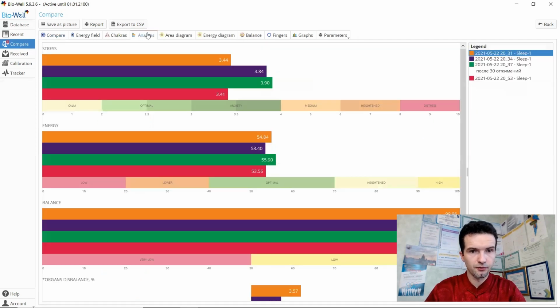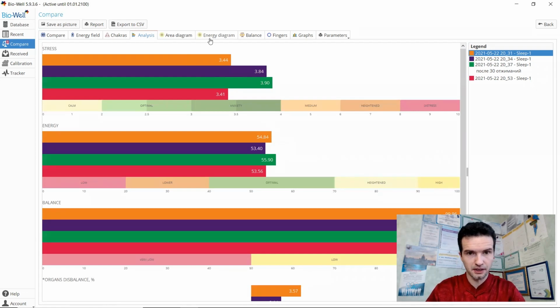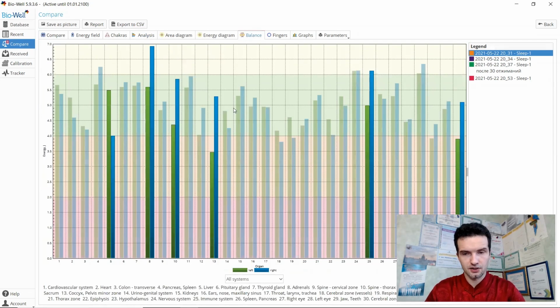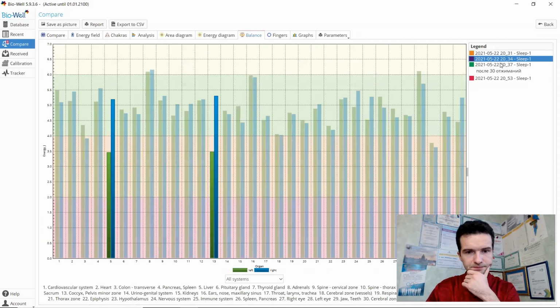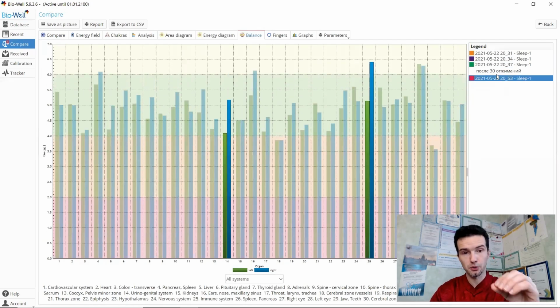And if we cannot say anything specific, yes, this person is in anxiety. So something is slightly stressing this person constantly. You see that all four scans are in this range, whilst the rest of the parameters are pretty good. If we go to the balance charts, we will find out that there are specific zones that are the lowest for this person.